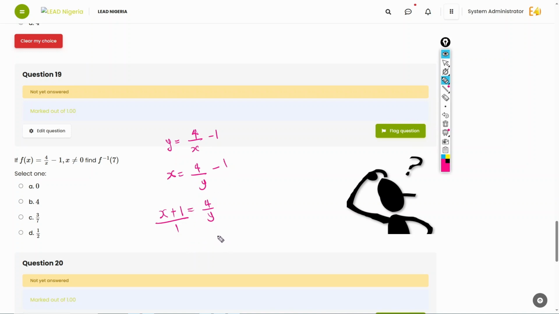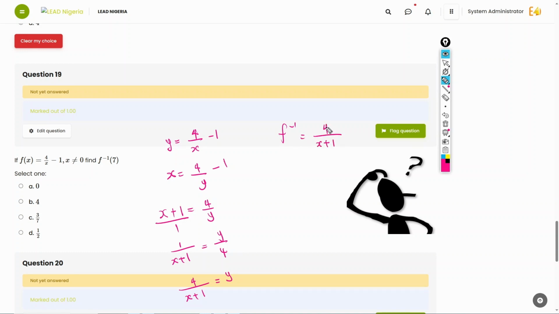So that'll be y over 4 is equal to 1 over x plus 1. If I multiply both sides by 4, I would have 4 over x plus 1 is equal to y. Okay, so that's my inverse function, right? I'll just say f inverse is equal to 4 over x plus 1.